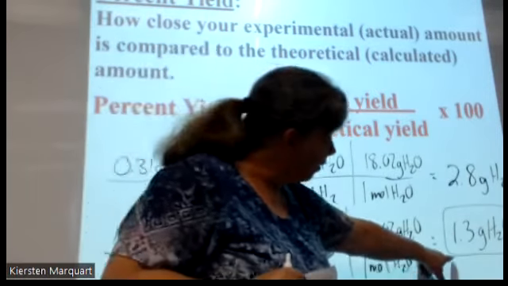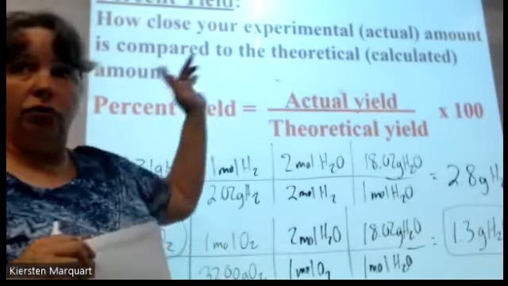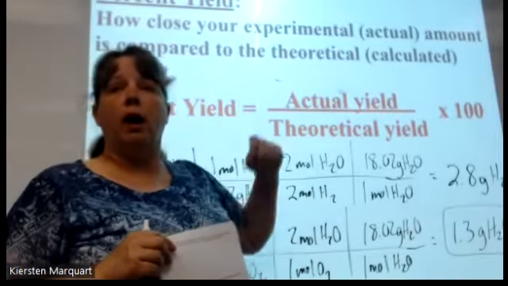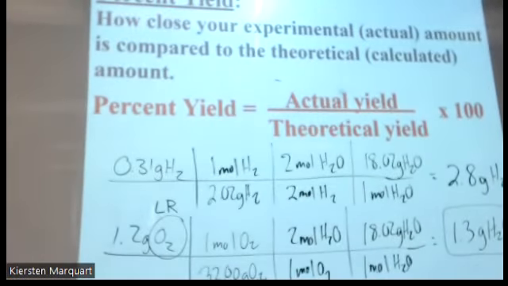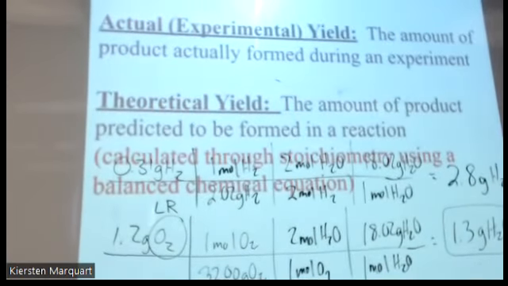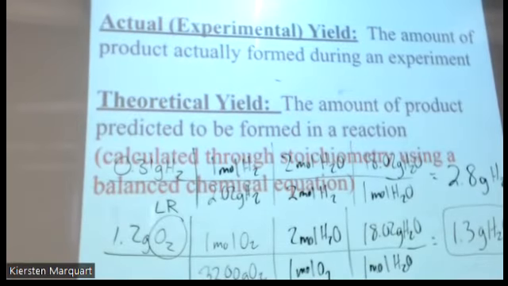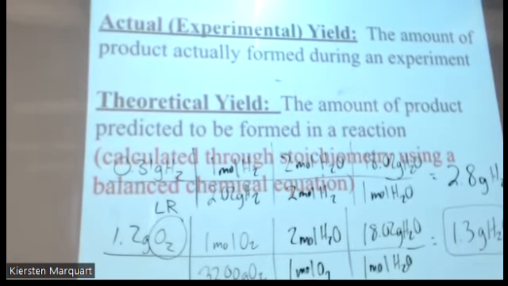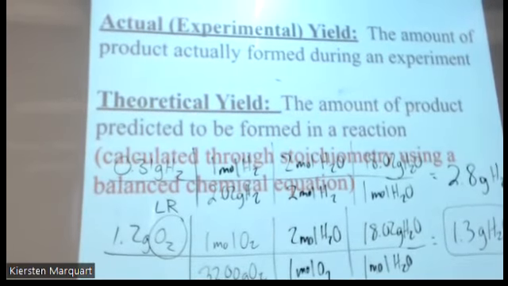So whatever you calculate using your stoich will always go on the bottom. The top number has to be given to you. Here are those terms that I already put for you in your packet. Actual yield is the amount formed during an experiment. Theoretical is what's predicted in your stoich calculation.